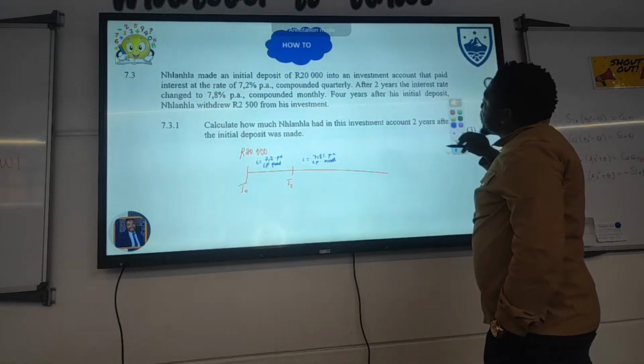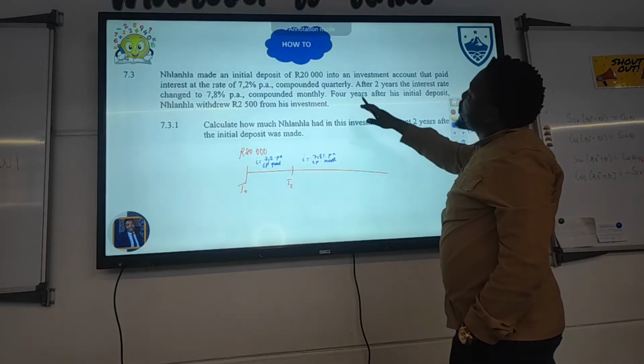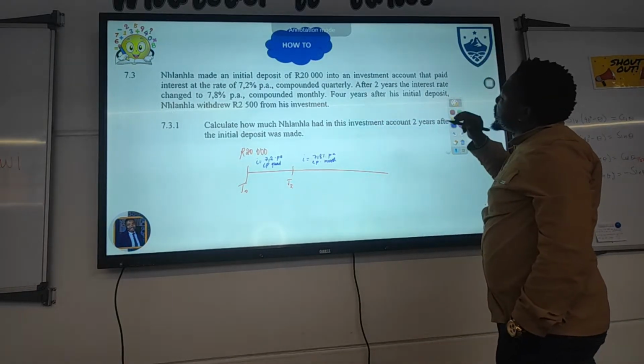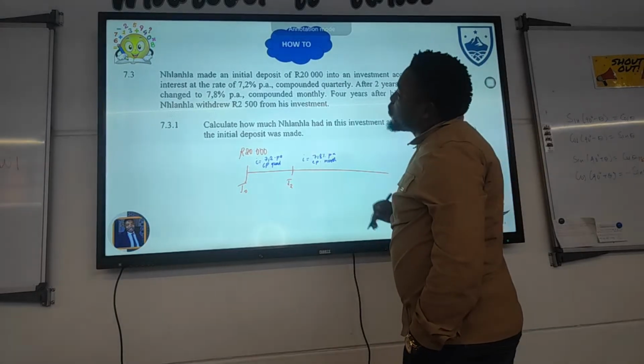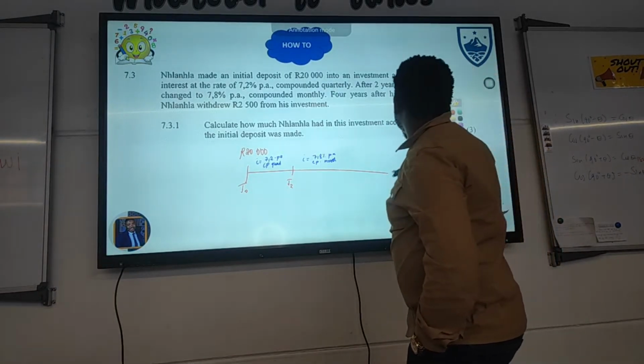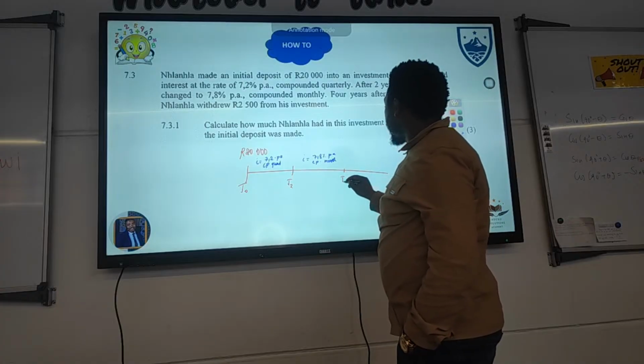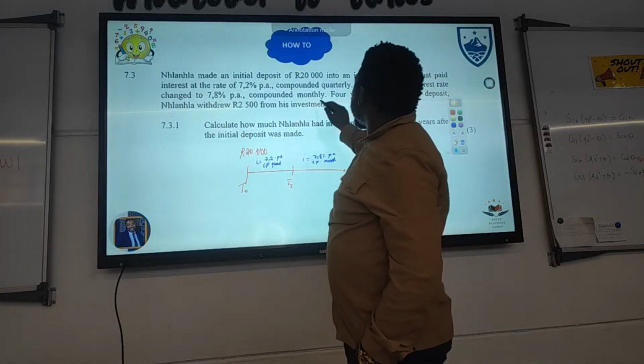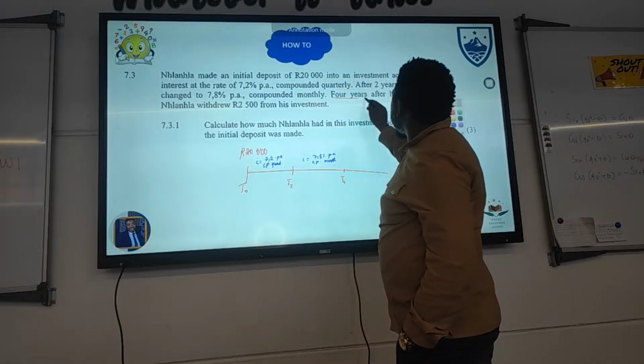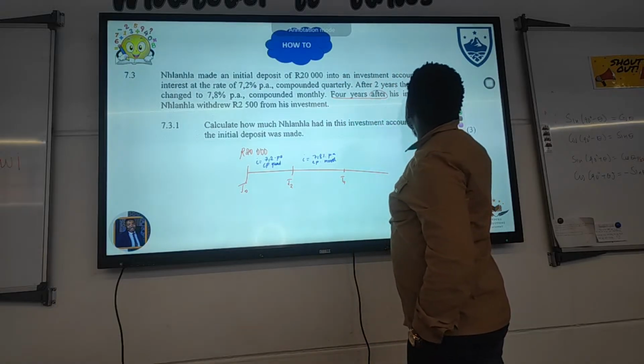Four years after his initial deposit, Ntlanta withdrew 2,500. So after 4 years, you see, it is very key because they say 4 years after the initial deposit.